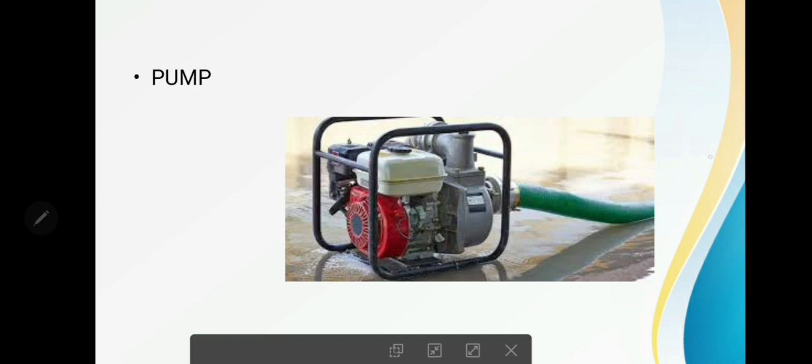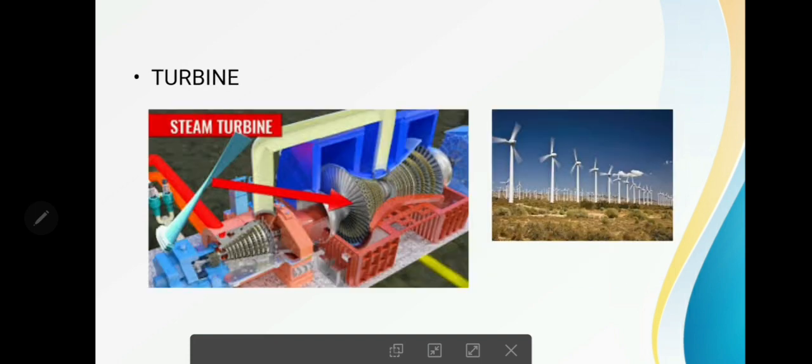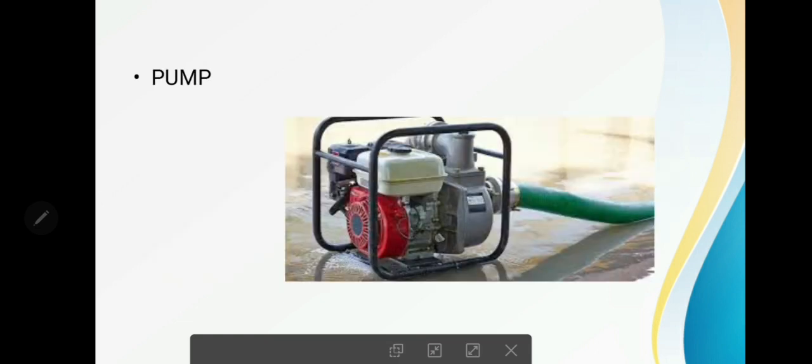So what's the difference between a pump and the turbine? Okay, so ang pump is a device that extracts energy from a motor, no, towards the liquid or towards the fluid.